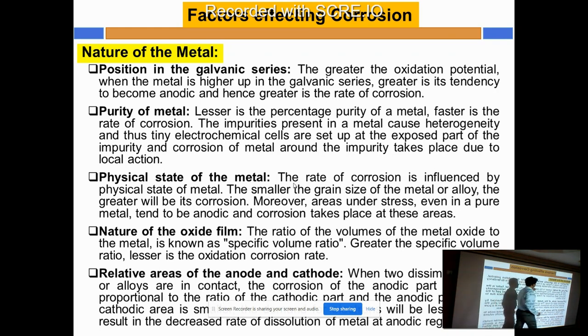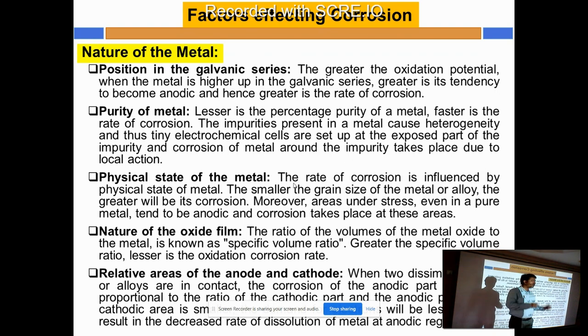So what is the first parameter? The first parameter is the nature of the metal: position in the galvanic series. We have already seen the galvanic series or electrochemical series. Will the position in the electrochemical series affect the corrosion? Of course. The series has been built in decreasing values of standard electrode potentials.